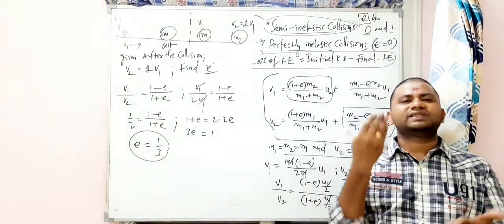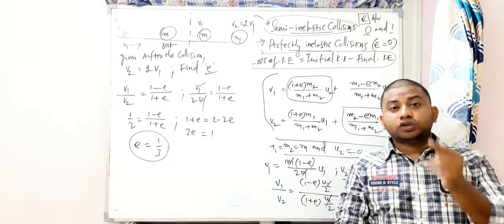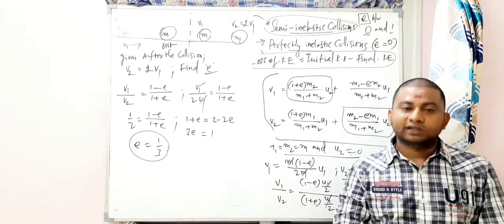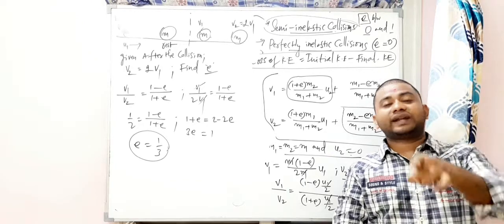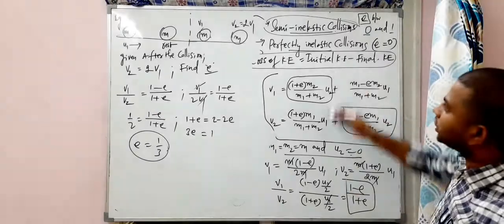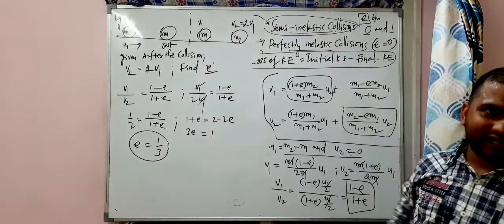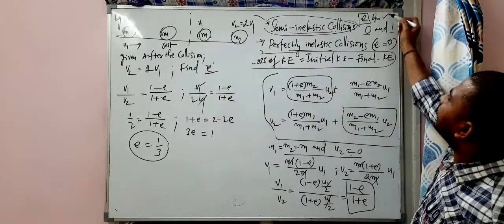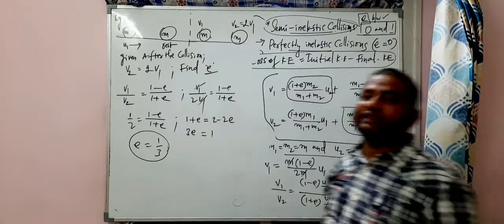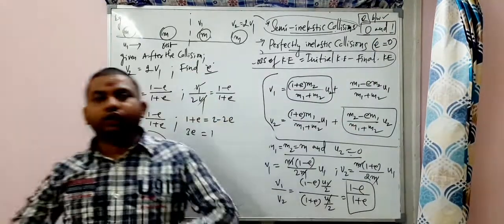Yes, 100% that's correct. If you get the e value negative, that's a wrong answer. And if you get your e value greater than 1, that is also a wrong answer, because in a semi-inelastic collision the e value lies between 0 and 1, my dear students. Alright?